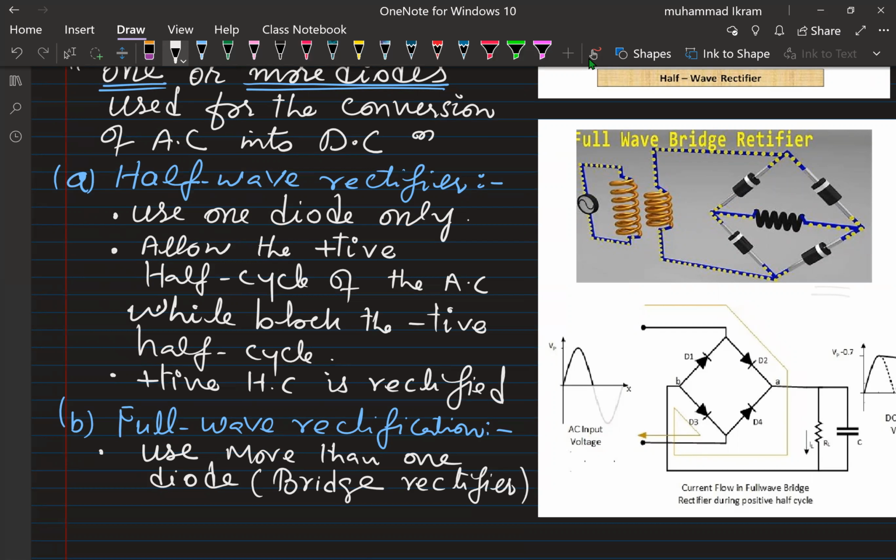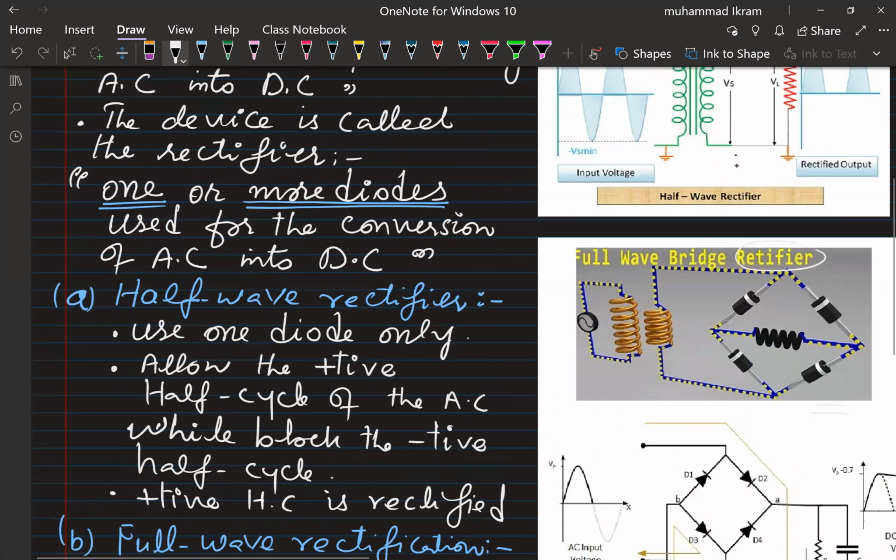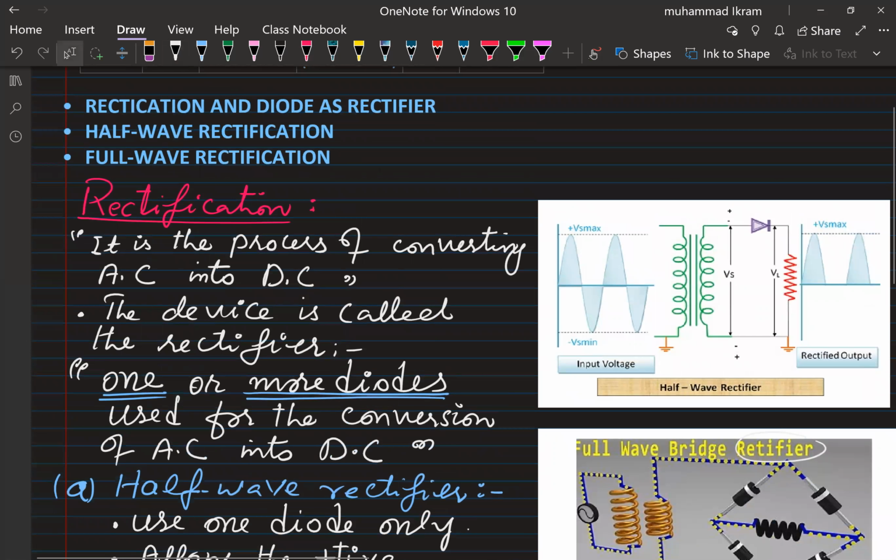Sorry for that, here the spelling is wrong. There could also be a full wave rectifier which consists of two diodes. Let me tell you one important thing here again.